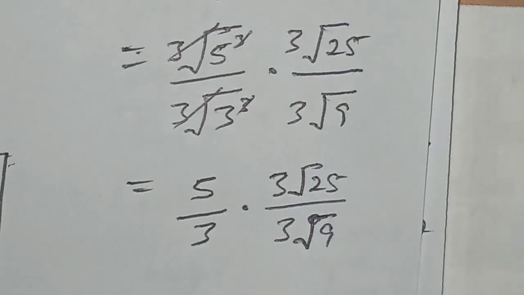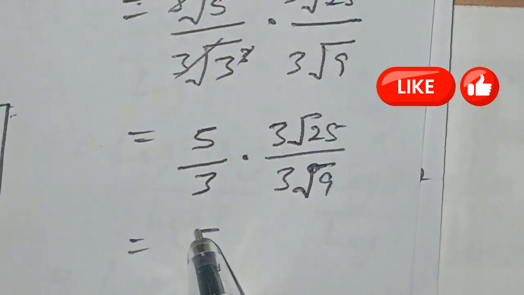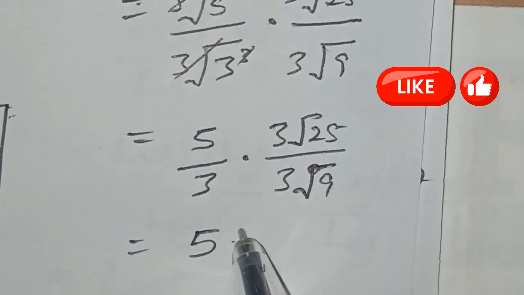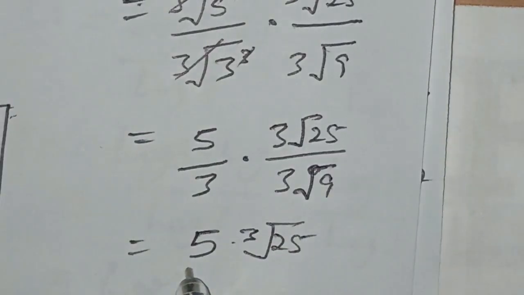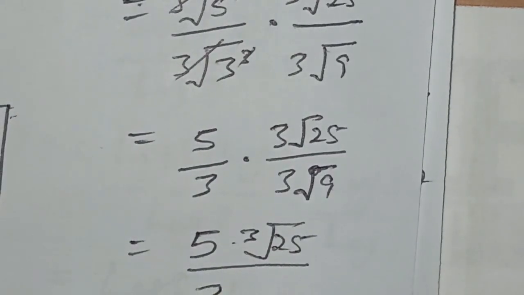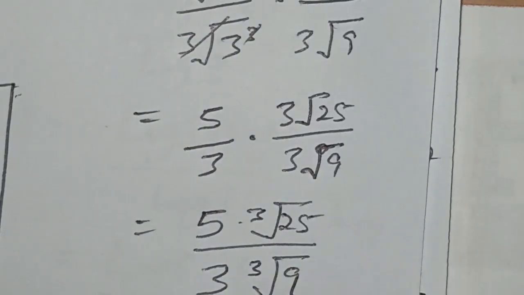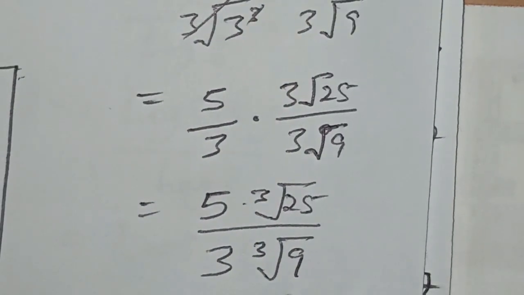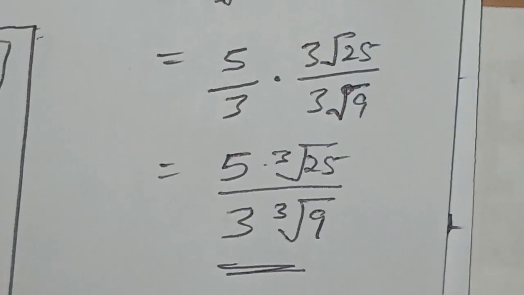Now this can as well be our final simplification. So we write 5 cube root of 25 over 3 cube root of 9. So that will be our final simplification.